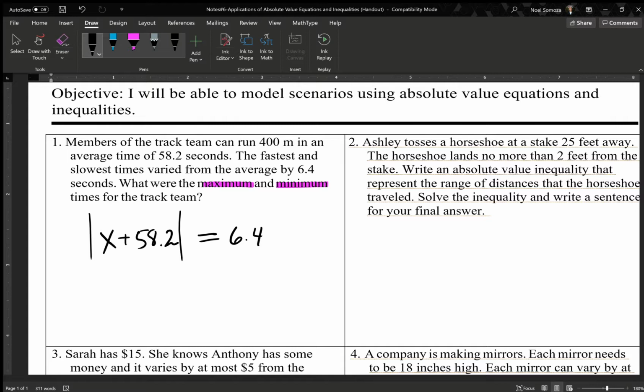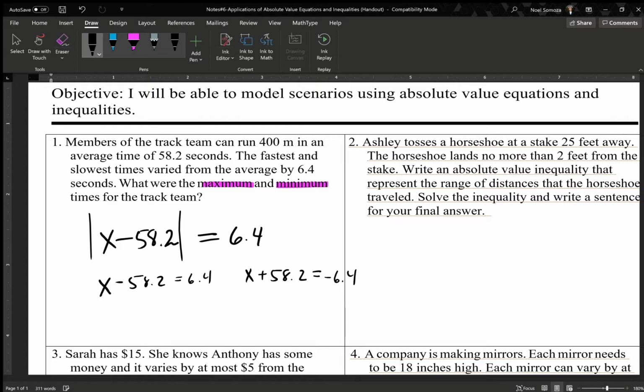Because if you were to split this up, you would get x plus 58.2 equals 6.4. And you would then also get x plus 58.2 equals negative 6.4. What would you have to do to 58.2 on both sides? Subtract. And then what do you get for both answers? Negative time. And that makes no sense. So then, what is the alternative? Instead of writing x plus, write x minus.